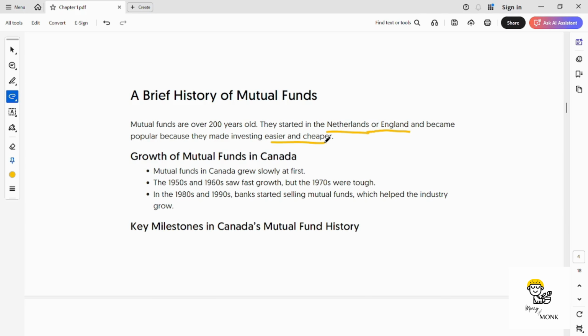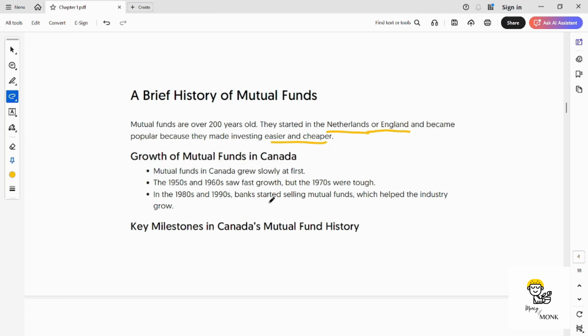Why do we know that? Because they're beginner friendly, you don't need a lot of capital to start, and there is expert management involved. How did mutual funds grow in Canada? At first, mutual funds in Canada grew slowly. Okay, the 1950s and 1960s, right after the World War, saw fast growth, but the 1970s were tough.